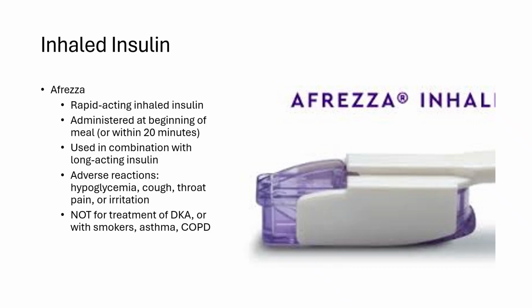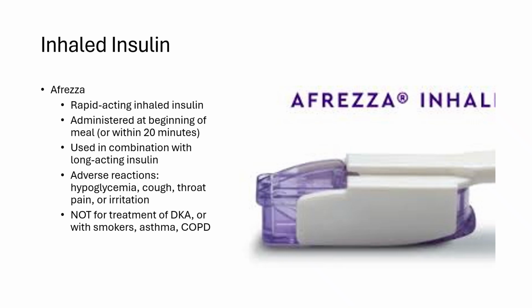So there is an inhaled insulin. I have never seen one of these before, but it's a rapid acting inhaled insulin administered at the beginning of a meal or within 20 minutes. Typically, it's used in combination with a long acting insulin, like I was talking about earlier. The adverse reactions would be hypoglycemia, which we have with all insulins. Obviously, because it's inhaled, there could be some irritation, such as cough or throat pain.